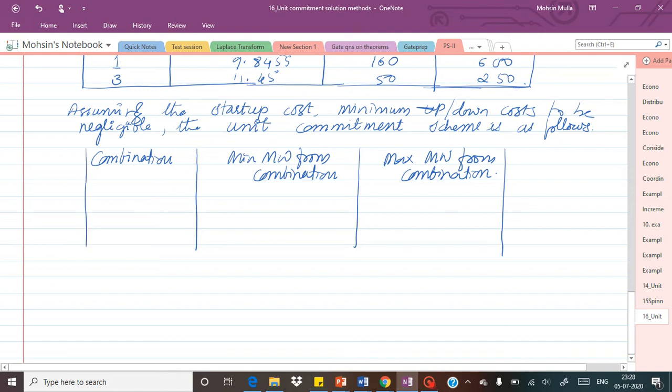That way we will get the right committed combination for supplying maximum to minimum load demand.